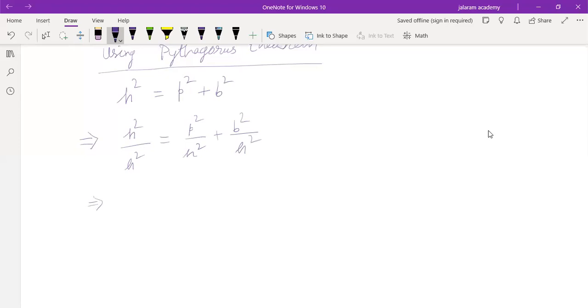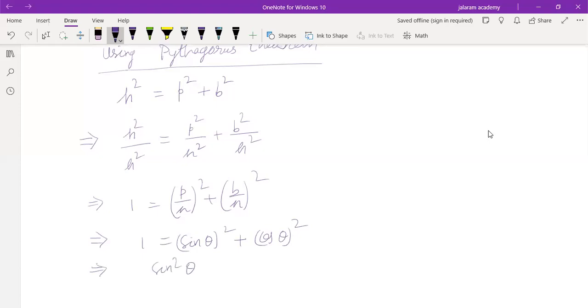Now, h square upon h square is 1, equals p by h whole square plus b by h whole square. It implies 1 equals, now perpendicular upon hypotenuse is sin theta whole square plus base upon hypotenuse is cos theta whole square. So finally it is sin square theta plus cos square theta equals 1.